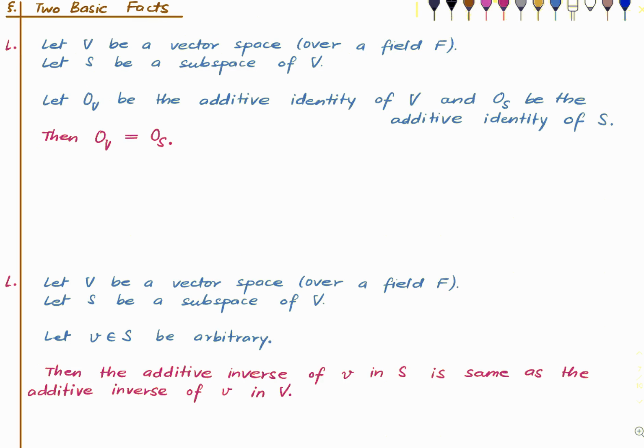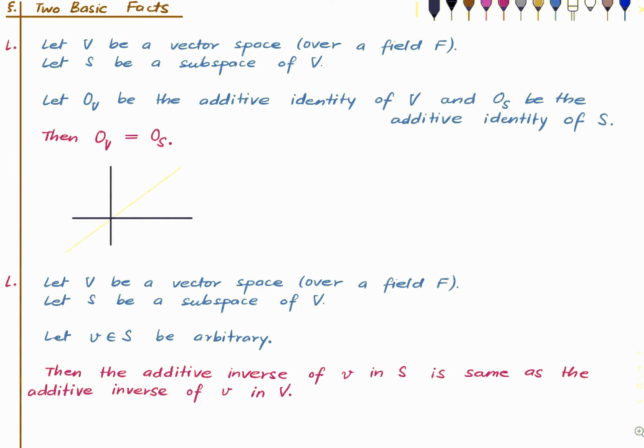So just like in the R2 example, you take any line passing through the origin. You see the additive identity of this guy is this point, if you just think about it. And of course, the additive identity of the entire R2 is also this point. And this is not a mystery or anything.